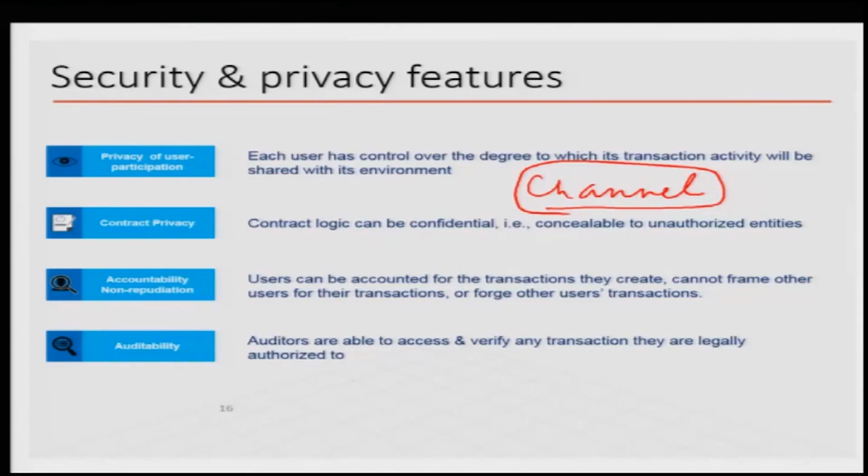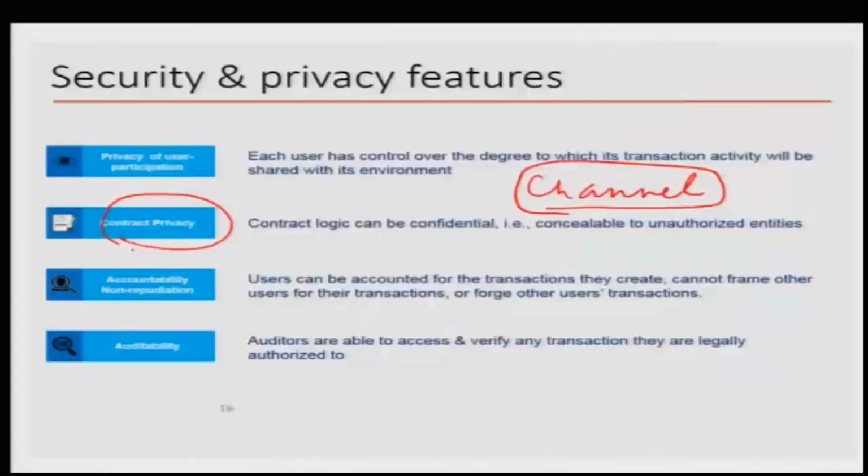For example, if SBI has a particular logic for deciding who to give loans to, and UBI has a different set of logic, they do not want their business secrets to mingle. So, in that case, this person's smart contract and that person's smart contract may not be visible to each other. It is not desirable to them.